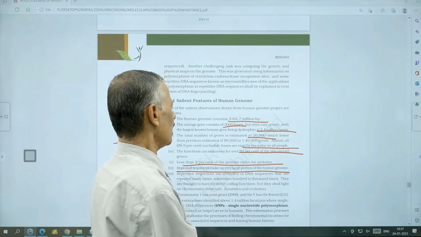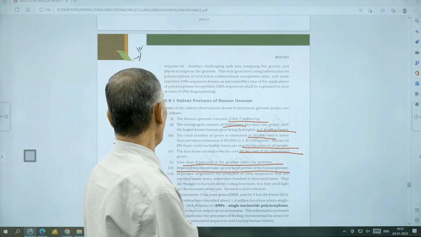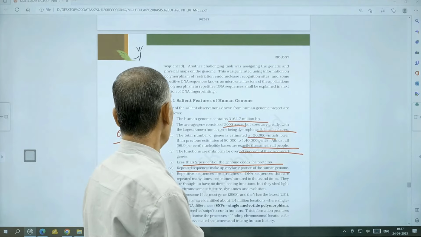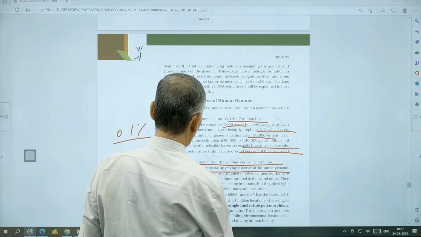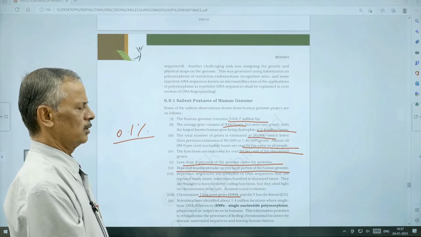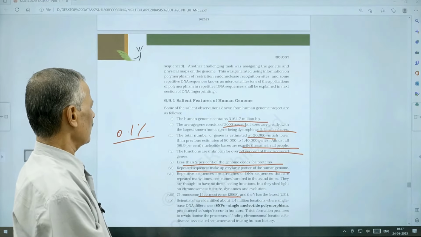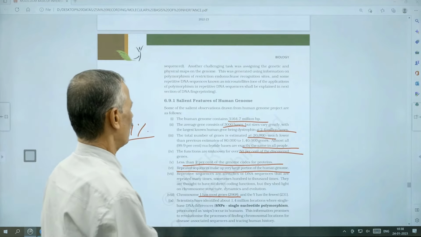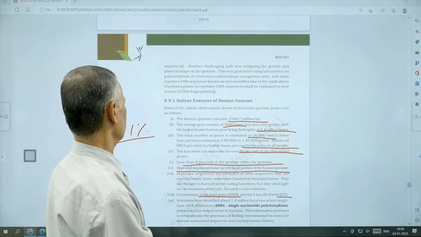That is, they are not expressed, but they may shed some light on chromosome structure, dynamics, and evolution. The largest chromosome, chromosome number 1, has the largest number of genes, 2,968, and Y is the chromosome with the smallest number.